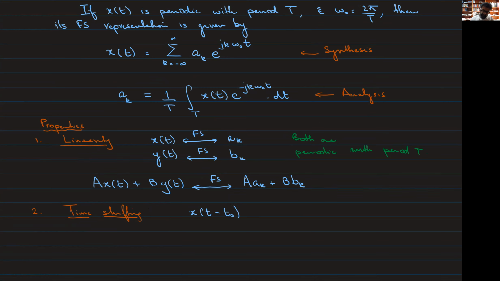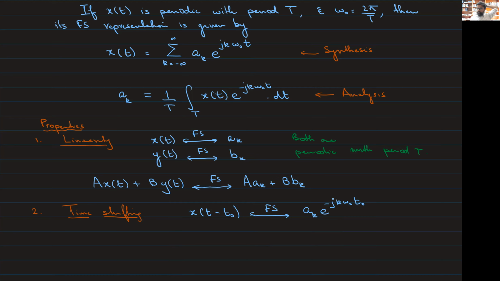The Fourier series coefficients for this are given by a k, what they were originally, multiplied by e raised to the power minus j k omega naught t naught. And then we argued this is just a change in the phase of the Fourier series coefficients. The magnitudes stay unchanged. This is where we ended.